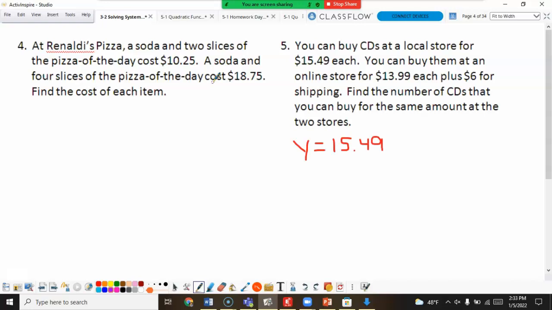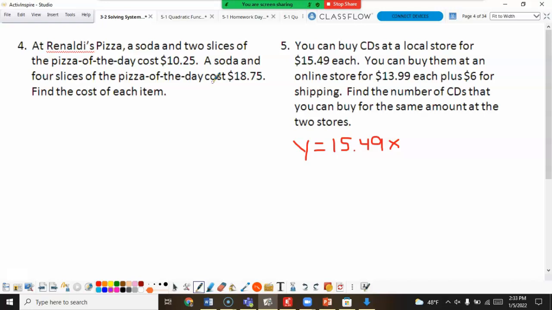So I think that last one was right. Why? Because you said that the slice of each pizza was $4.25. Correct. And then soda was $1.75. Correct.